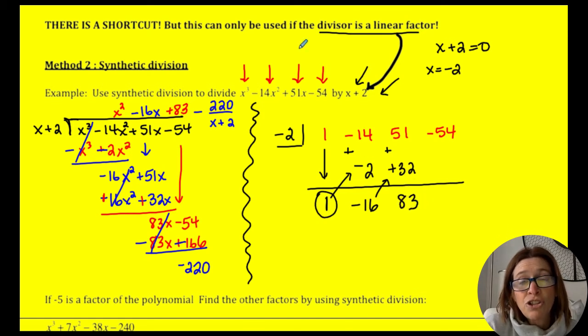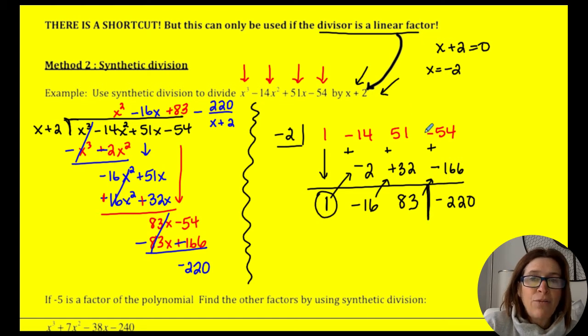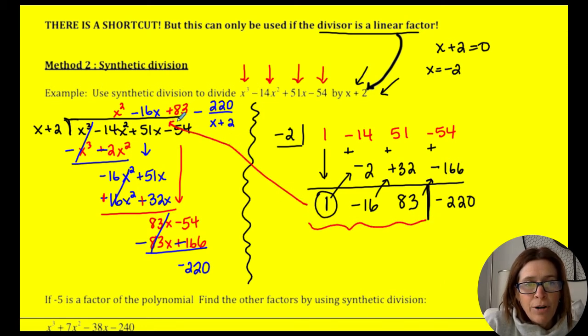These numbers should be starting to make sense to you now. Then I'm going to multiply negative 2 times 83, which gives me negative 166, add down, and that gives me negative 220. I like to put a little line here for myself because I'm hoping you notice that what you ended up with is part of your answer.